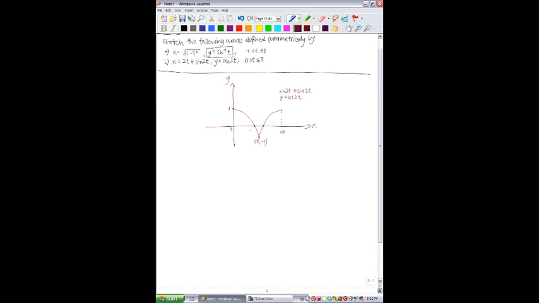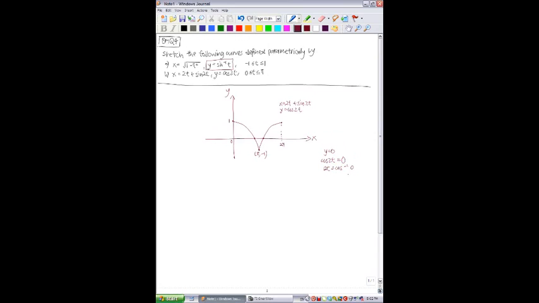And the other 2 points are when y equals 0. When y equals 0, that means 2t is cosine inverse 0. Cosine inverse 0, the first 2 points where it occurs at any rate, are at pi over 2 or 3 pi over 2.